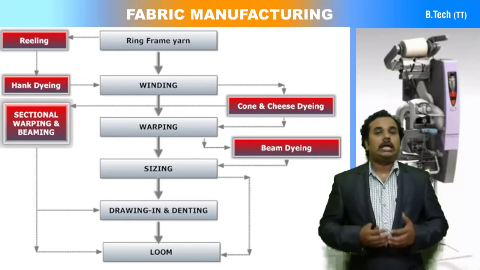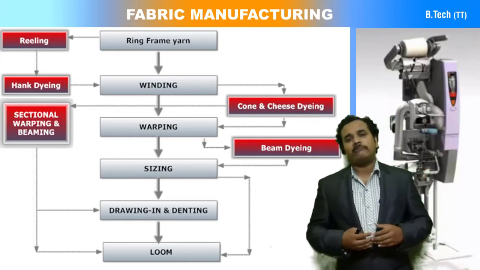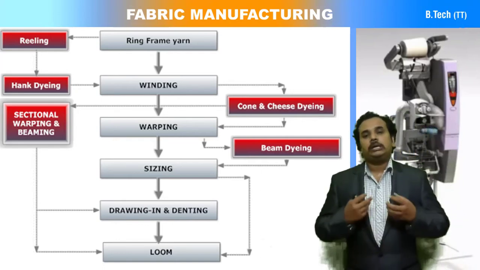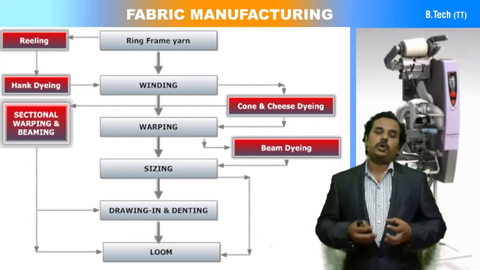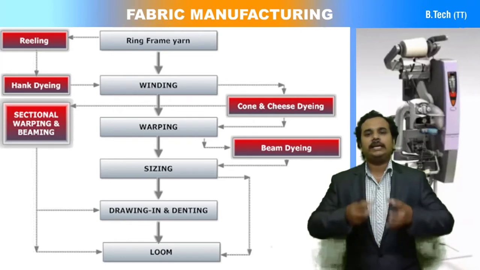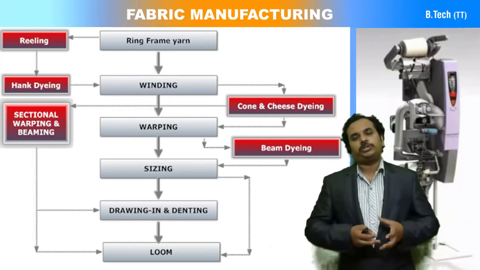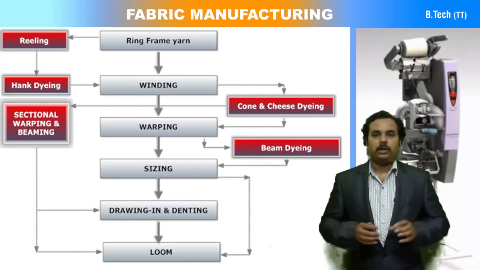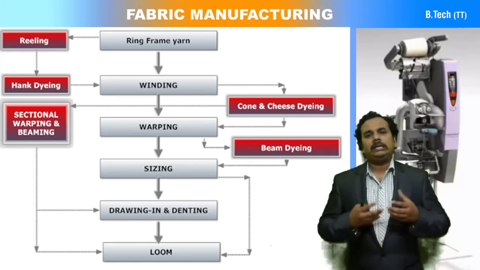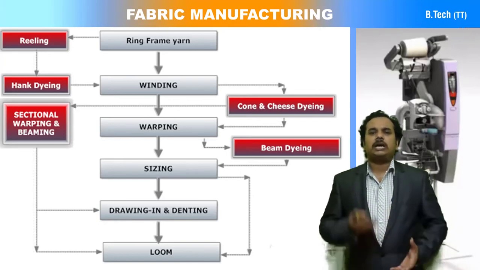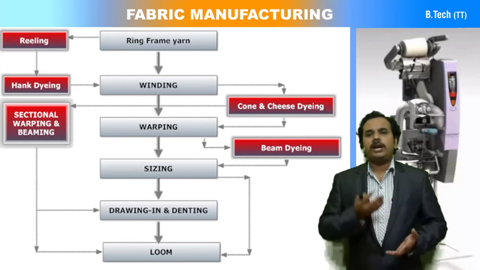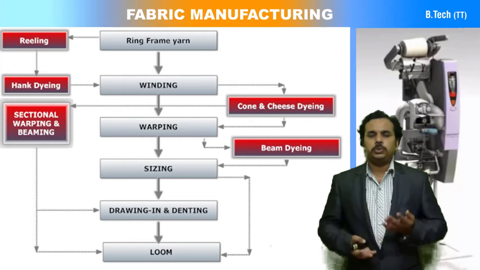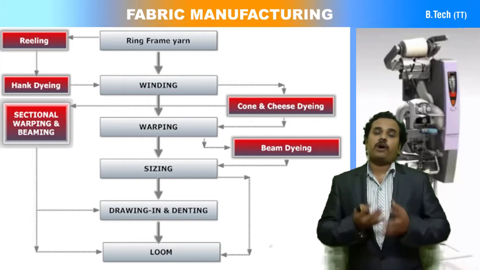Then after warping we have a sizing machine, where we add some size ingredients into the warp sheet so that the yarn becomes weavable. Weavable means that in the weaving area the warp yarns are divided into two sets while forming a shed.